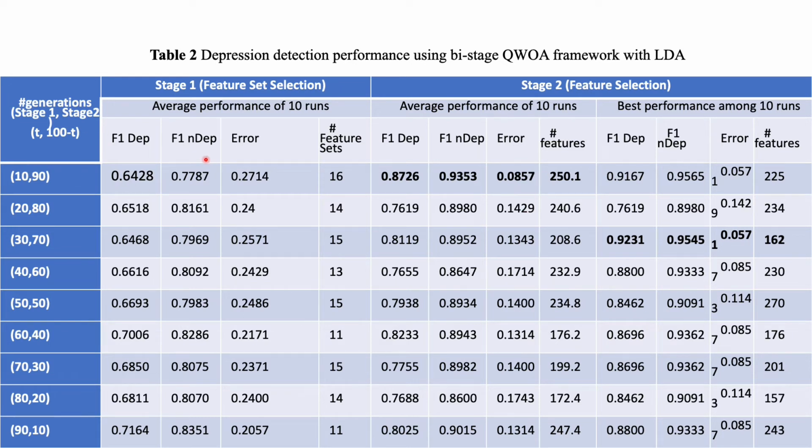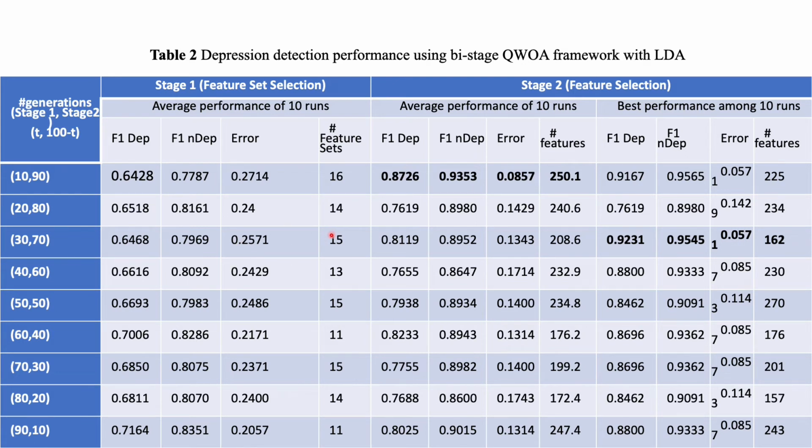You can see as we increase the number of generations for stage 1, the result of stage 1 improves. However, since the number of generations for stage 2 decreases, the result for stage 2 suffers as we increase the number of generations for stage 1.